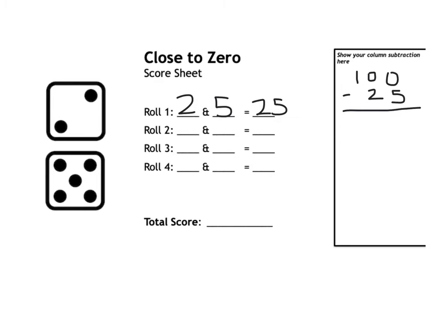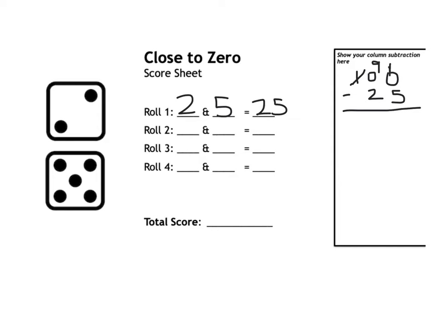So I'm going to take that 100 and I'm going to spread it out across the tens and the ones column. So what I'm going to do is cross out that 100. I'm going to put 90 of it there, and I'm going to put 10 of it in the ones column.